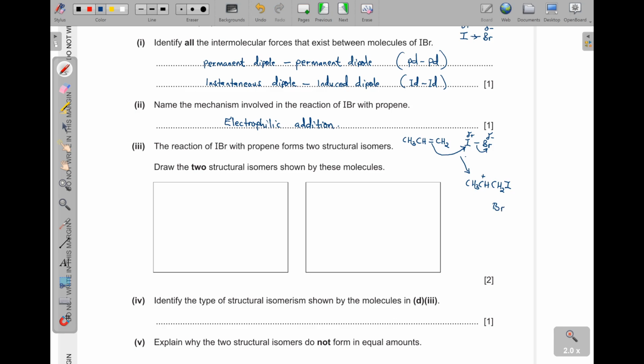Then the bromine, which is broken off from here, will now donate its pair of electrons to this one here, and then we get CH3, CHBr, and then CH2. Actually, I always say here the rich get richer. So the carbon here with more hydrogen atoms, which is this one, is going to receive the electrophile first.